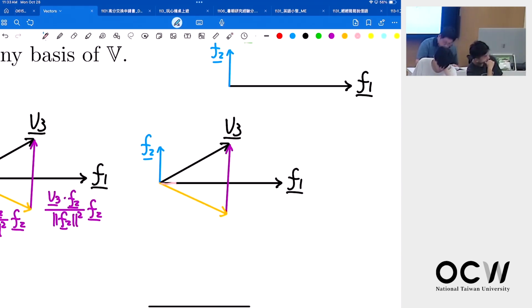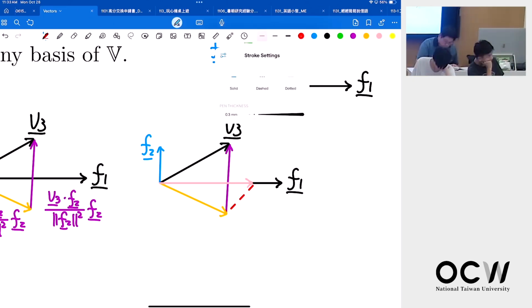This one is something in the F1 direction, and the rest will be F3.